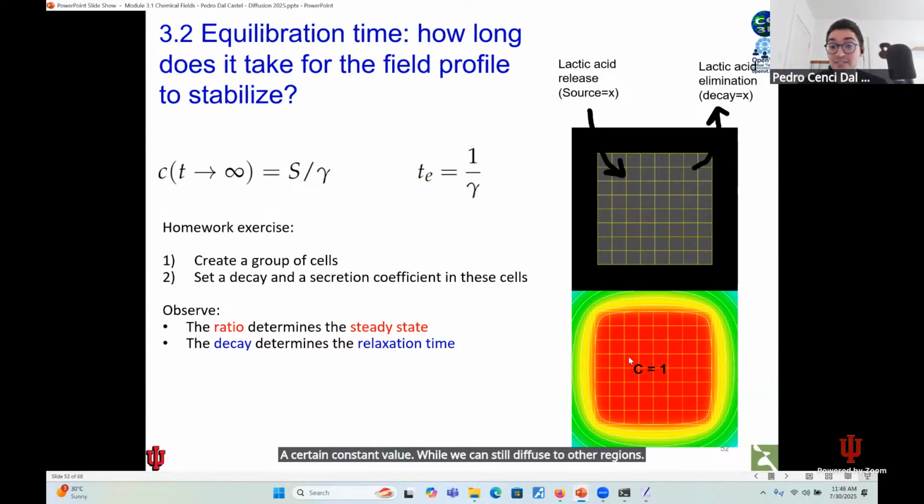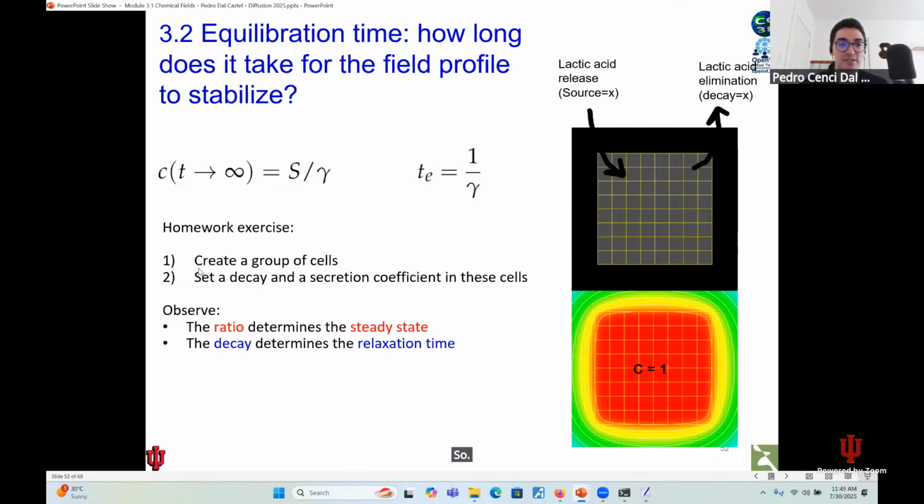The tendency is that inside the region where you have both source and decay, it keeps around this S over gamma value. And again, because we have decay, we have an equilibration time given by 1 over gamma. So this is the typical time it takes for the system to equilibrate.